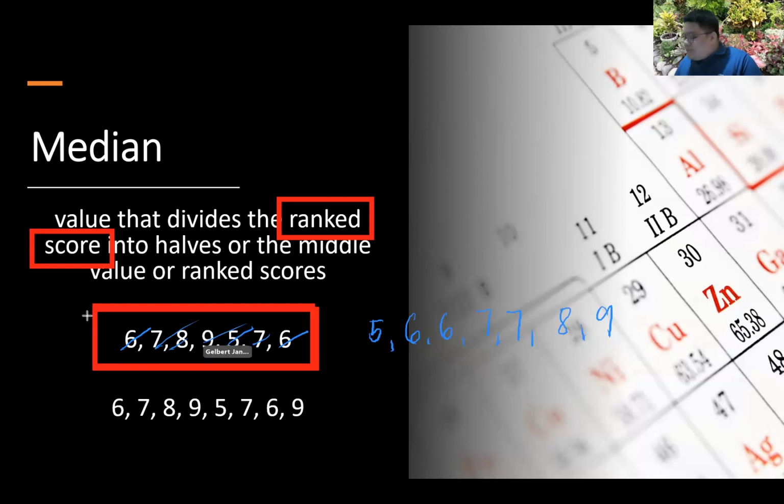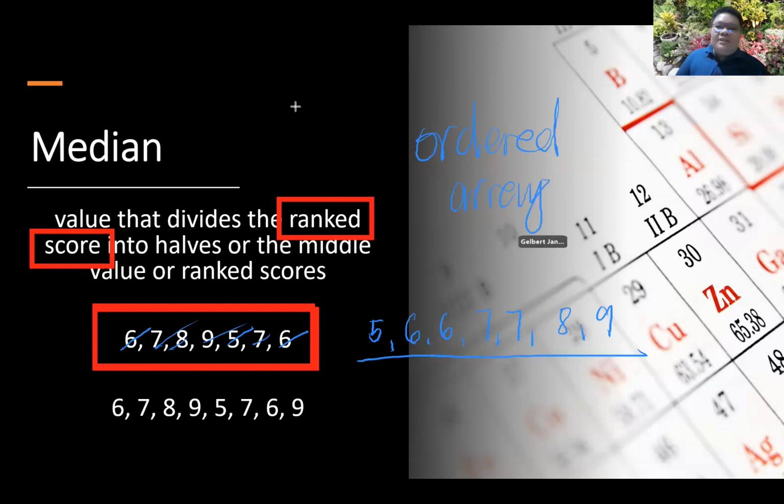Now, if you would look at this ordered array, plus the term for that is ordered array, or simply array, pag titingnan ko pong array na yan, ano po yung middle value natin? If I would look at the array, what is considered to be your middle value? Yes, I would want to see it on chat. Ano po yung makukonsider nating middle value in this case?